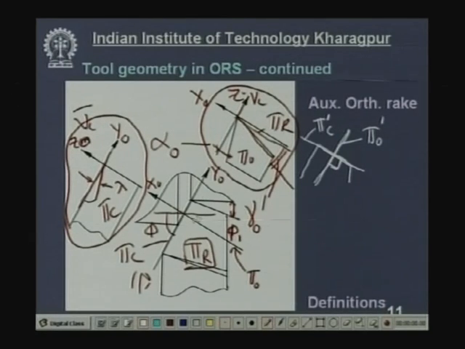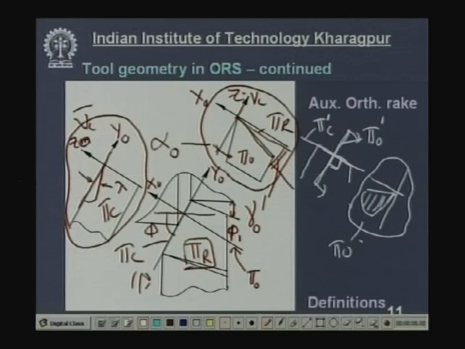Since there are two cutting edges, for the main cutting edge there is a principal cutting plane and principal orthogonal plane, and for the auxiliary cutting edge, an auxiliary cutting plane. Now, if you take a section of the cutting tool by this plane, you get a view like this. In which plane have you drawn this diagram? You have taken the section in the pi o prime plane, the auxiliary orthogonal plane.